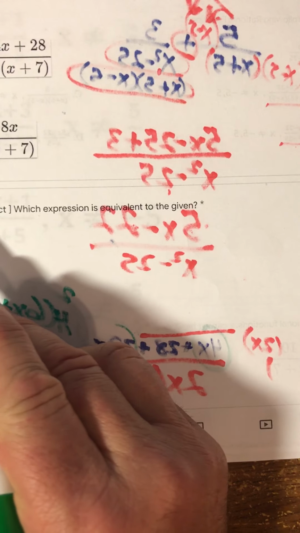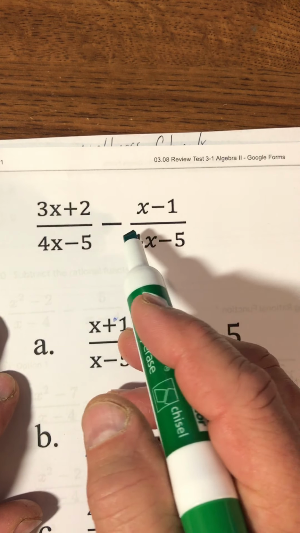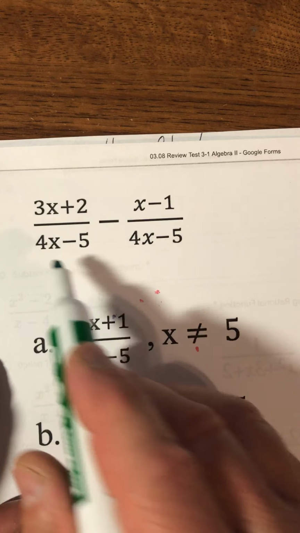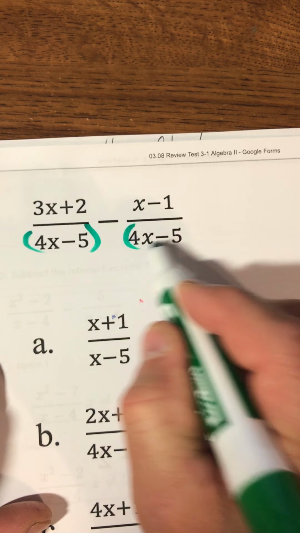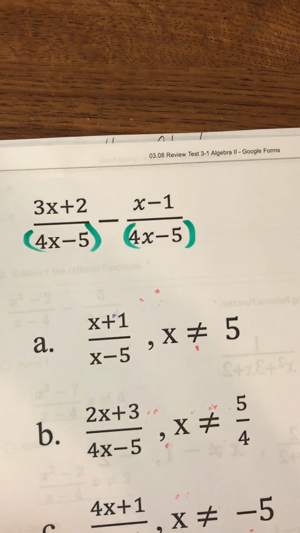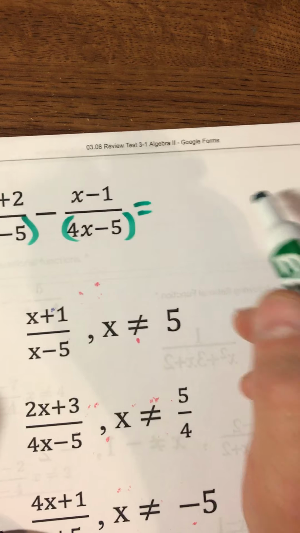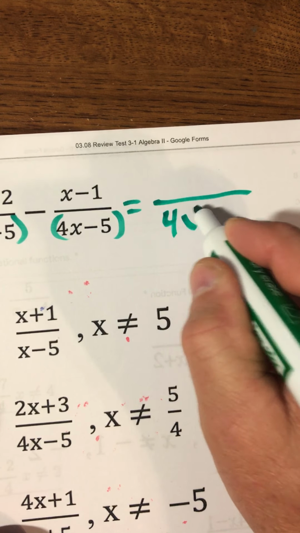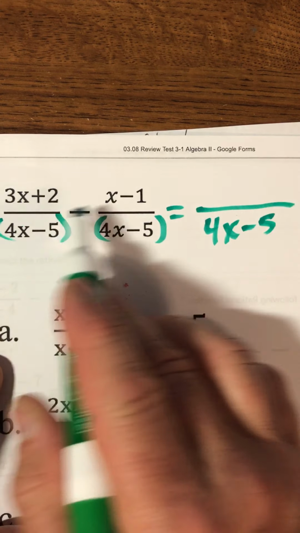You make a mark and you come back to that one. On number 18, we are subtracting fractions. Now, to subtract or add fractions, you must have a common denominator. Notice this and this, they're the same, so we can simply write the whole fraction as 4x minus 5, and then just subtract on top.